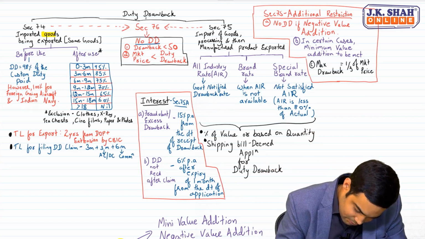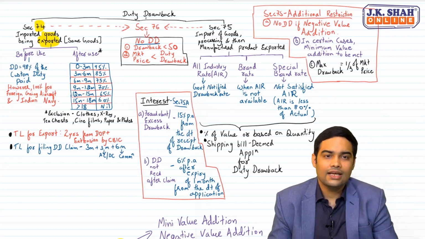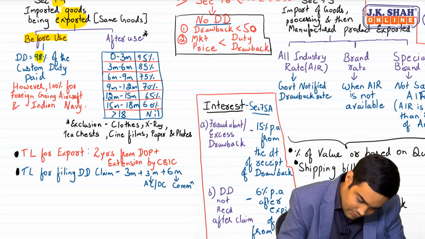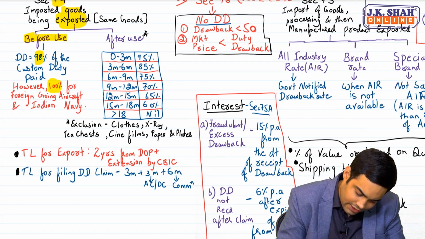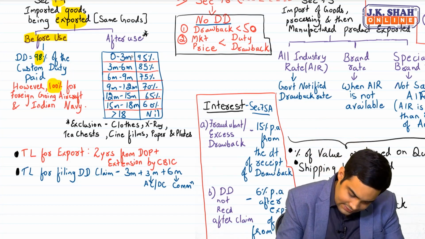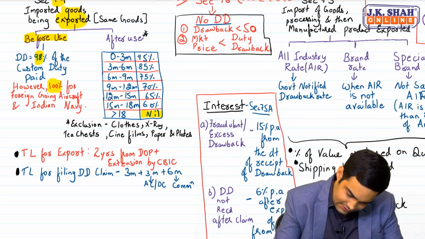First case, imported goods, section 74, being exported. If it is exported before use, 98%, however 100% in foreign going aircraft or vessel. 0 to 3 months, 95%, and then it goes on to more than 18 months. Not even a single rupee of drawback is permitted.